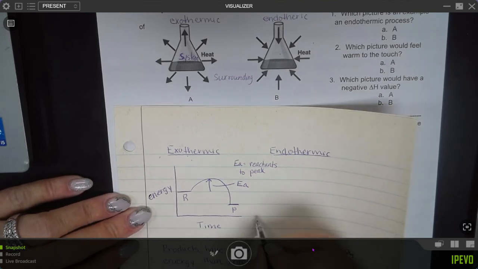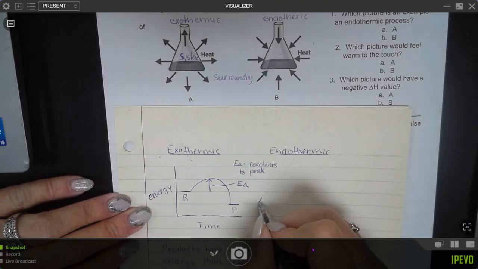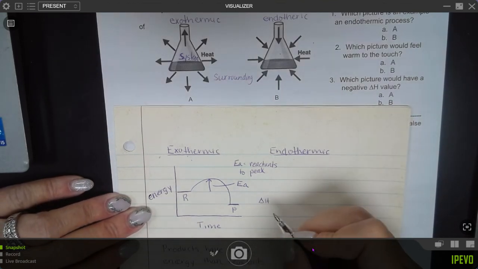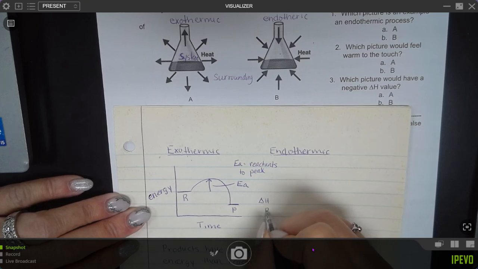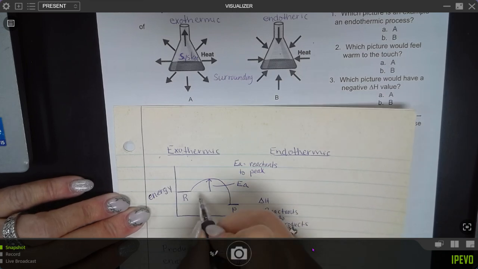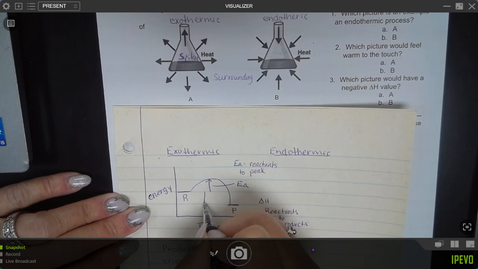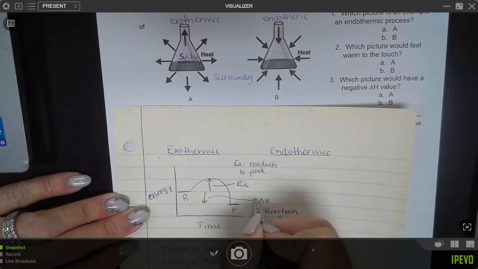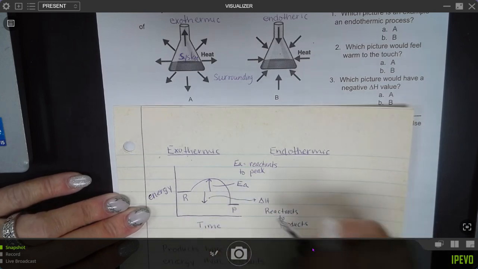Our delta H, our change in enthalpy, is the difference from the reactants to the products. So we would go from the reactants to the products. That's going to be our delta H.